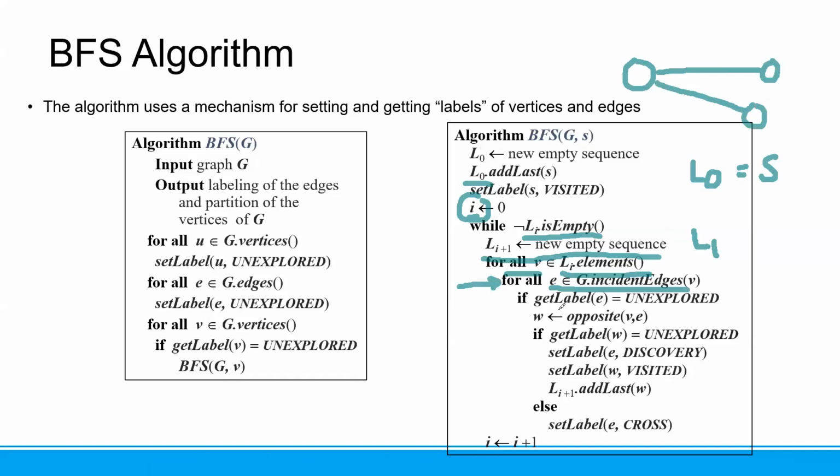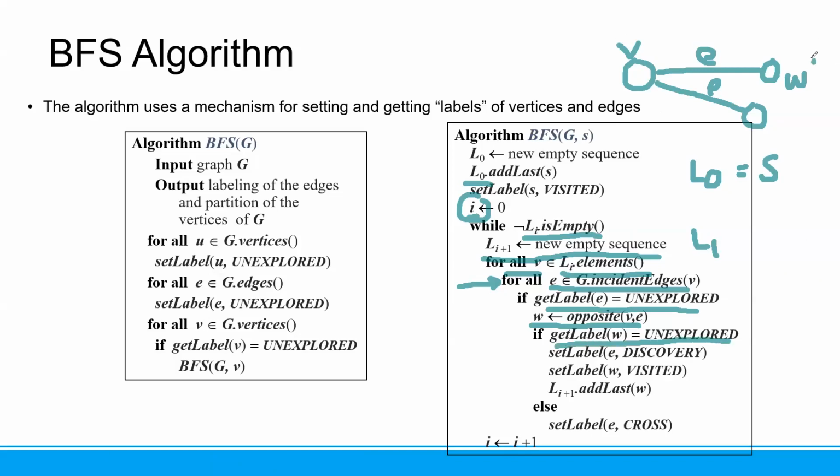Then if the edge E is unexplored, check what the opposite is. If we have the node P, the opposite will be W. And then we want to get the label of W.